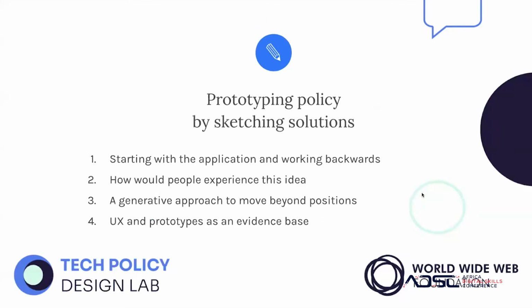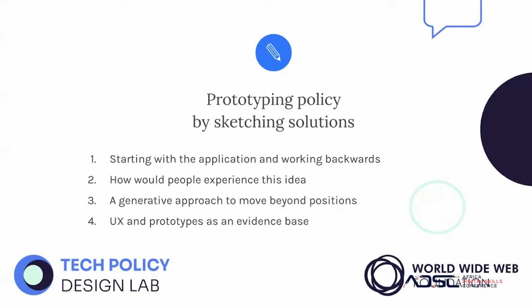And then the third pillar is about prototyping the policy by sketching solutions. So think about the application and work backwards. Say you've built a product, but it's obviously not doing great. There are challenges. So think about what the root cause of that is. How would people actually experience this idea? It's not just about the solution, but how the user really experiences it.